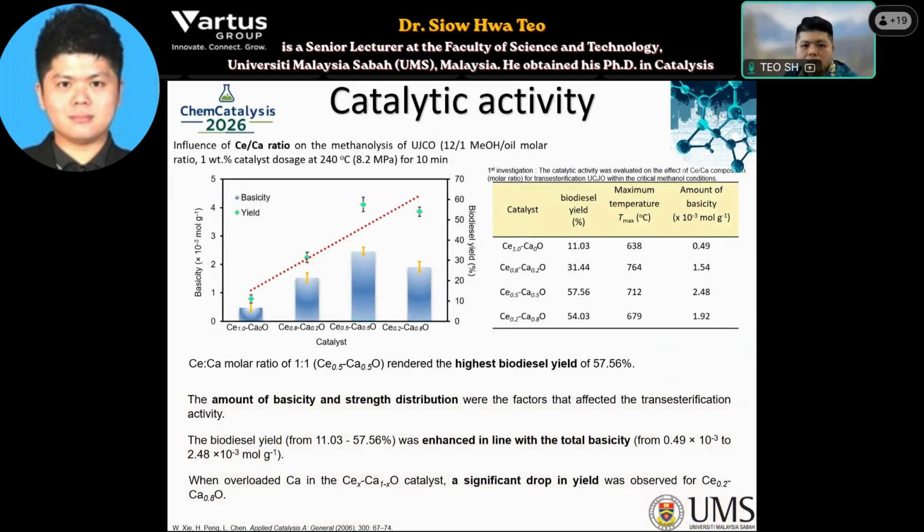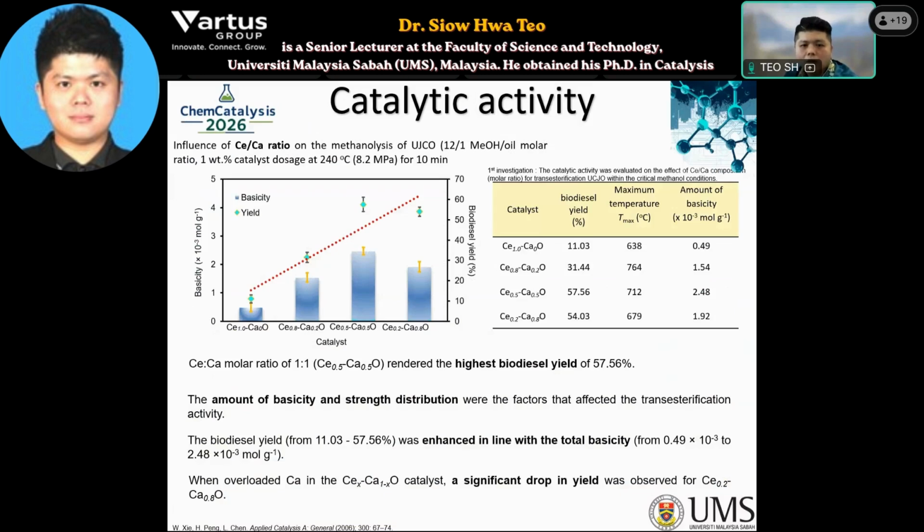This figure shows the effects of the cerium to calcium ratio on biodiesel production and the catalyst basicity. As can be seen, the biodiesel production increased significantly after introducing calcium into the catalyst system.